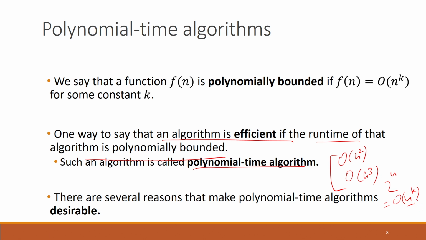So, then it means that this function 2 to the power n is growing at a much faster rate as compared to all the polynomial time functions, and therefore, this 2 to the power n comes in a different category altogether. So, this difference of n square versus n cube is not that big of an issue now, just that if an algorithm can be expressed by having its running time in the form of O(n^k), then it is great. Okay.